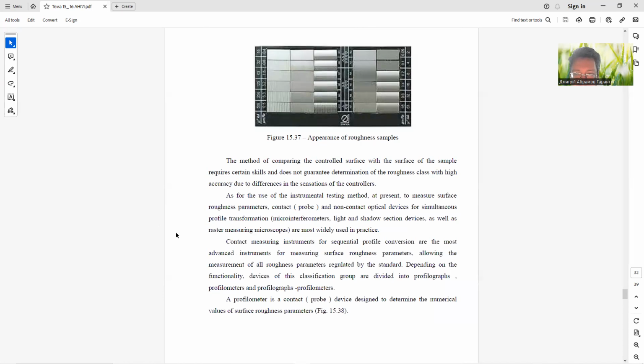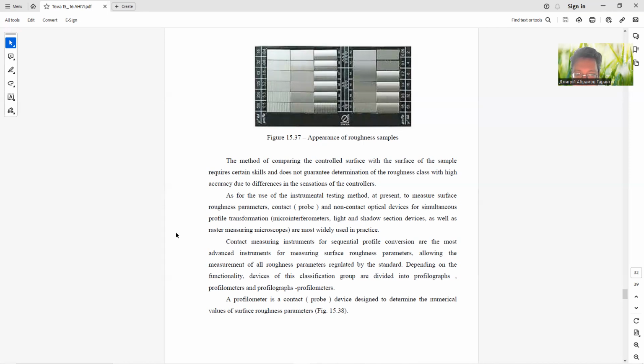Appearance of roughness samples. The method of comparing the controlled surface with the surface of the sample requires certain skills and does not guarantee determination of the roughness class with high accuracy due to differences in the sensations of the controllers.